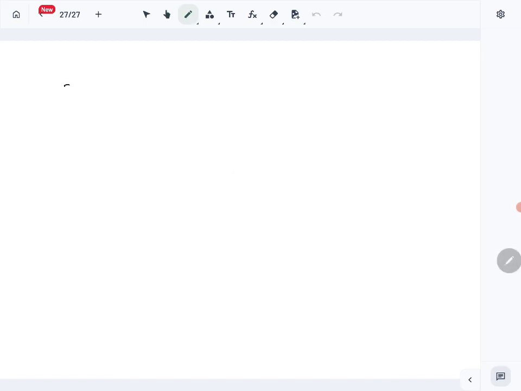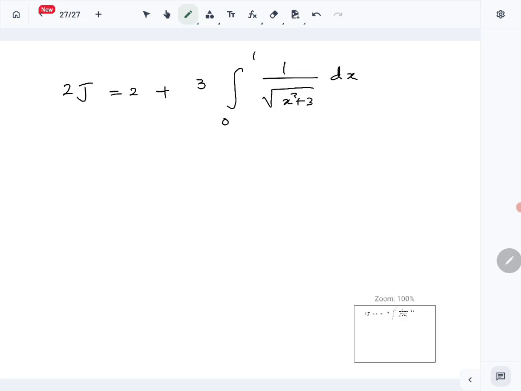So 2j equals 2 plus, let's take that 3 out, the integral from 0 to 1 of 1 over square root of x squared plus 3 dx. So from the first part we showed this is equal to half ln 3. So we'll apply that.